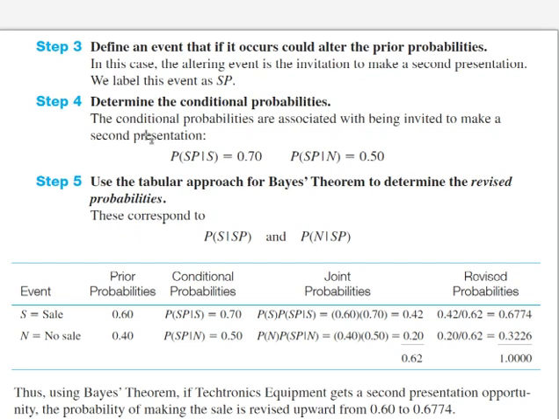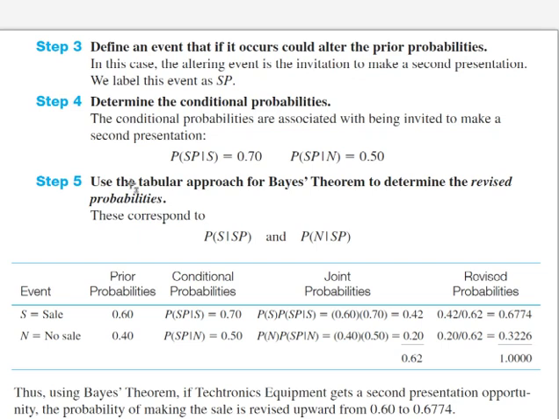The conditional probabilities are associated with being invited to make a second presentation, where the probability of second presentation, which would result in a sale, is 0.7 or 70%. And the probability of second presentation with no sale is 50%.